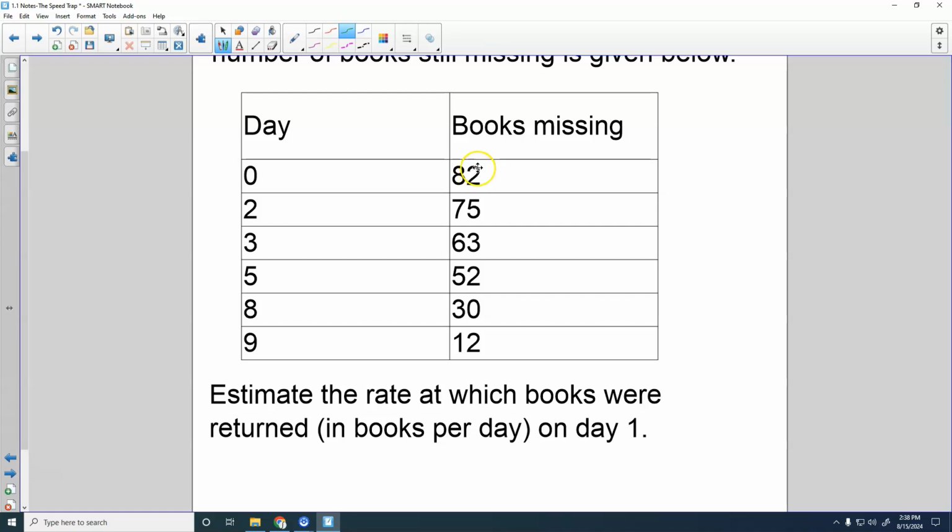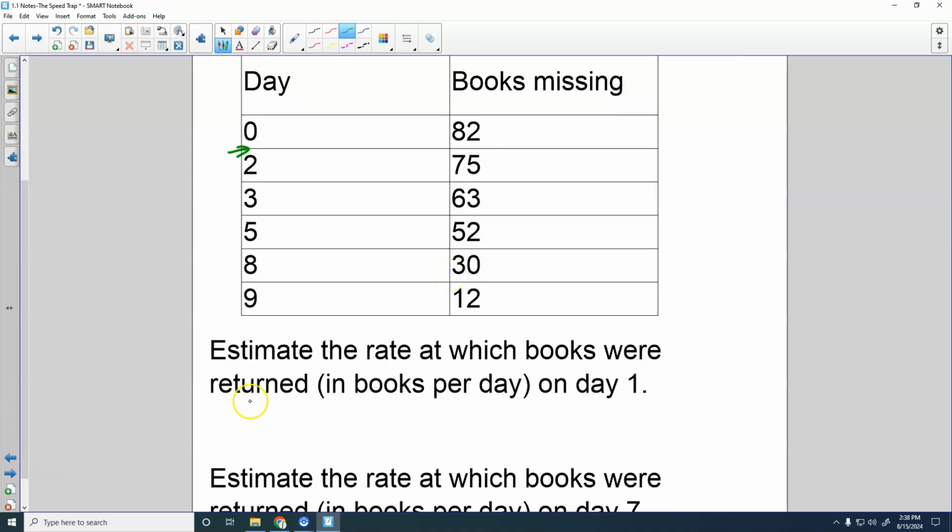The best thing to do is get the slope of the points closest to 1. So in this case, 1 would fall right here between 0 and 2. You can think of it a couple ways, like change in y over change in x. Does anybody remember the slope formula for the points? y2 minus y1 over x2 minus x1.